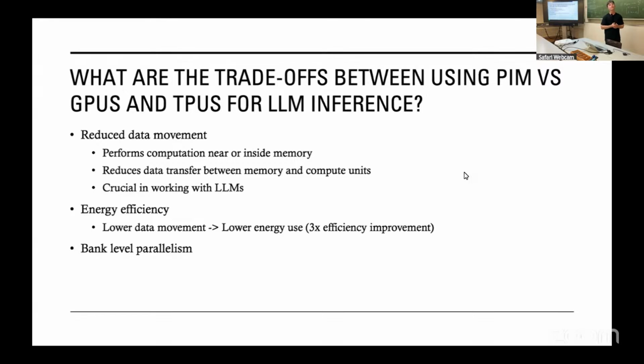Yeah, that's right. That's actually the answer I have for the next slide, but something different. If you use both GPUs and PIM, you have to transpose the matrix or modify the format in which it is stored, right? Yeah, true. But I'm going a bit more higher level, not as detailed.